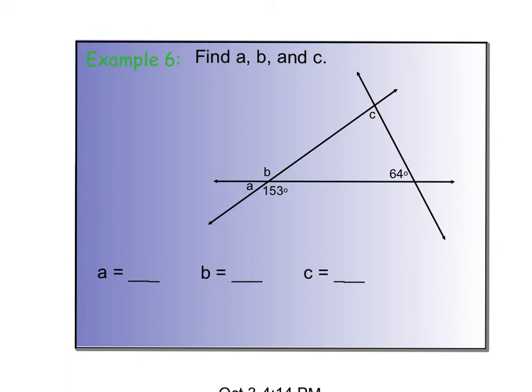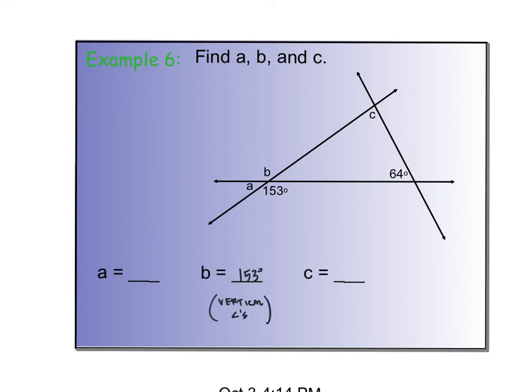All right, example number 6, find A, B, and C. Okay, a couple ways we can do this. A and B are going to be relatively easy using properties that we've worked with before. B is going to be 153, and I can get there by considering the idea of vertical angles, and that vertical angles are congruent.